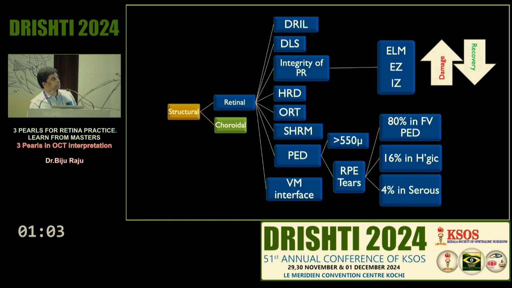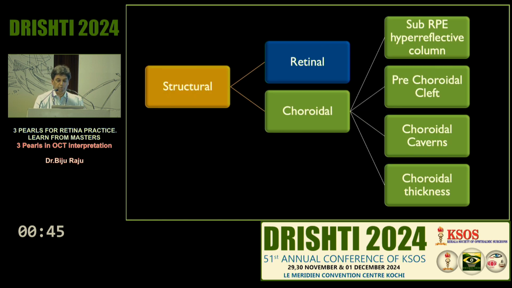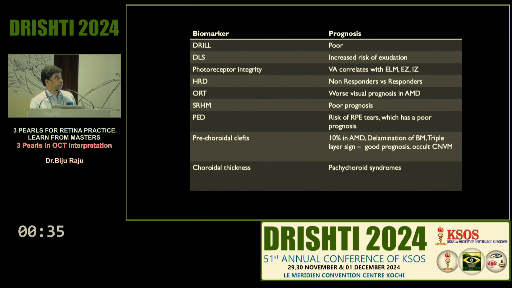So the damage occurs in this direction, and when they start recovering, the ELM comes first, then the ellipsoid and the interdigitating zone. When you have PEDs more than 550 microns, you have to be careful, and especially if it is a fibrovascular PED, then there's a high risk for retinal pigment epithelial tears, which can lead to poor vision. And the choroidal biomarkers, we are getting to know them better, but we all know about the choroidal thickness, which is important to identify pachychoroid syndromes.